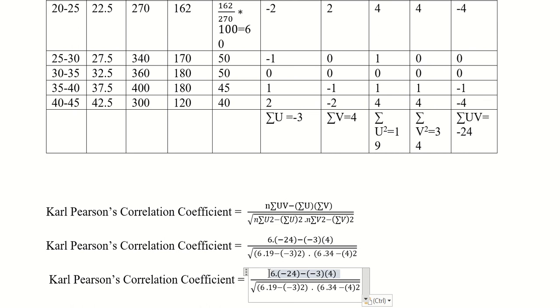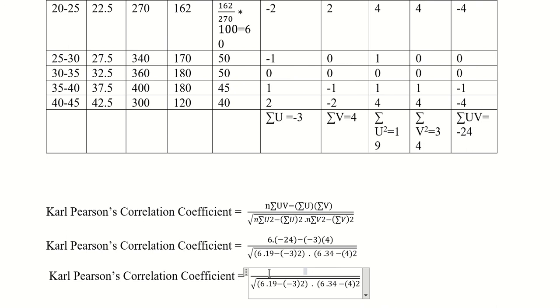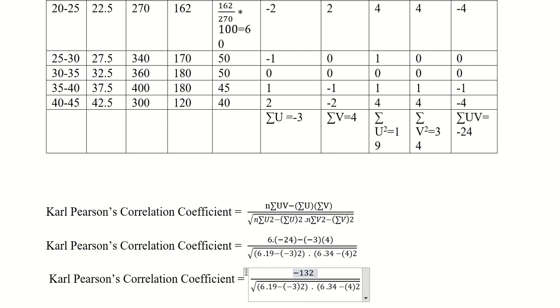When I solve this numerator, the answer I will get is minus 132. And when I solve this first part of the denominator, the answer is 105, and the second part, the answer is 188.